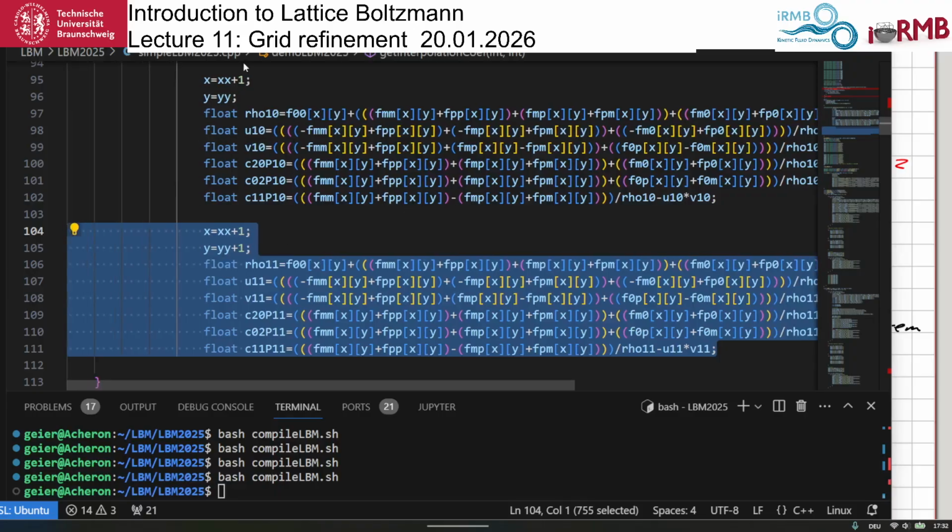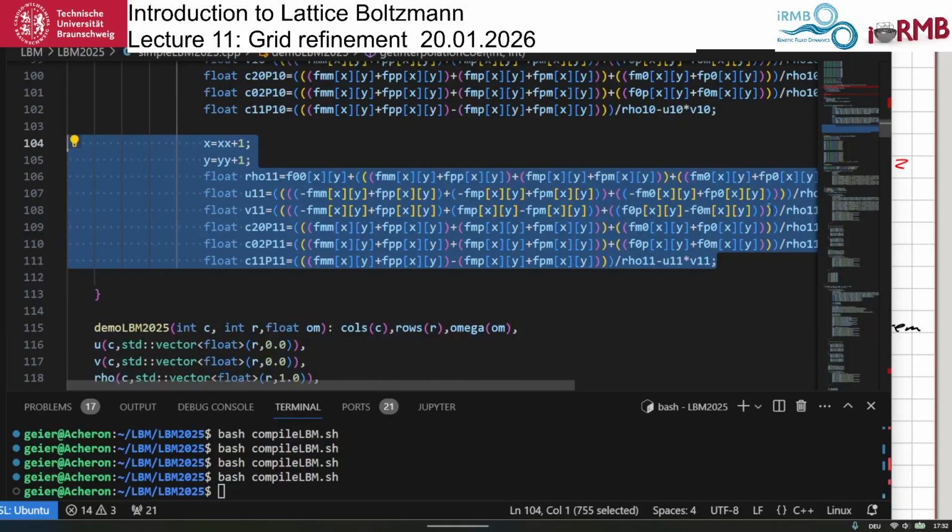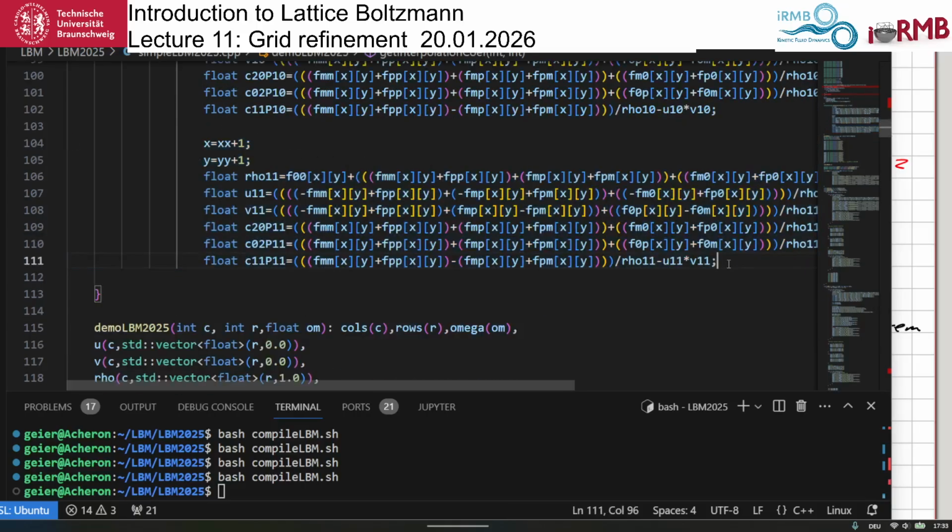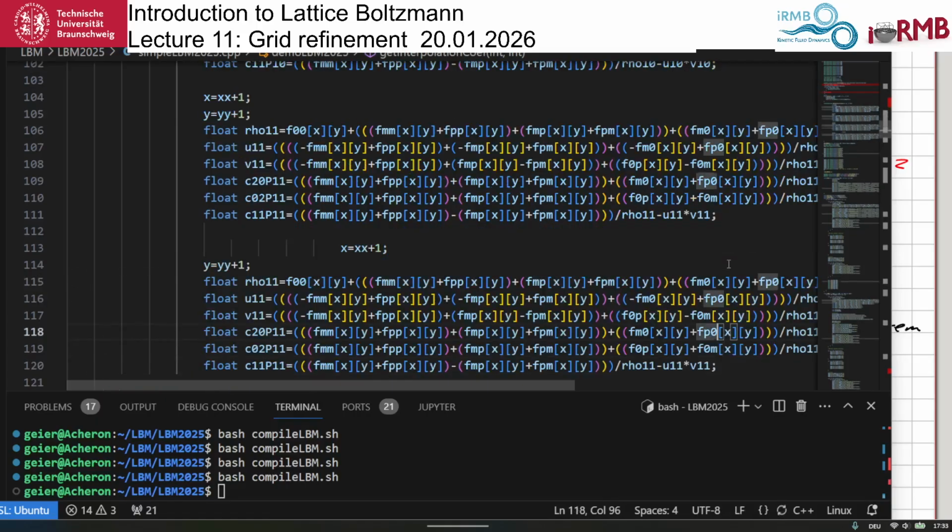So what is missing now is only the one with x equal to x. So that means we have to put here 0.